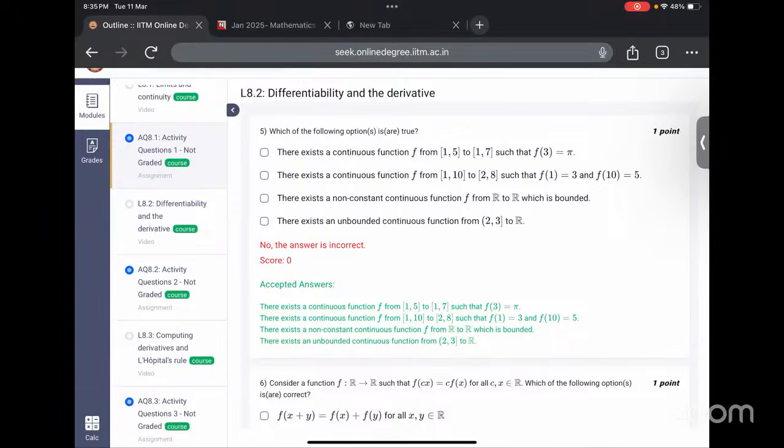Any other doubt? Anything else? If all of you are okay, then I will move to 8.2. Otherwise, I will wait.